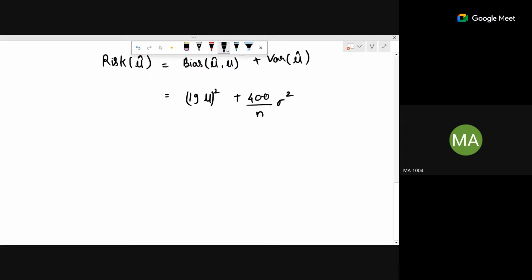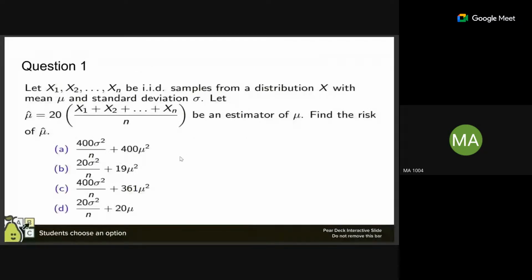Once we square it, it will be 361 mu square plus 400 by n sigma square. So that will be our risk for the given estimator. Okay, any doubt here? No, ma'am. Okay, just tell me if you have solved this PDF, then we can discuss other doubts also.